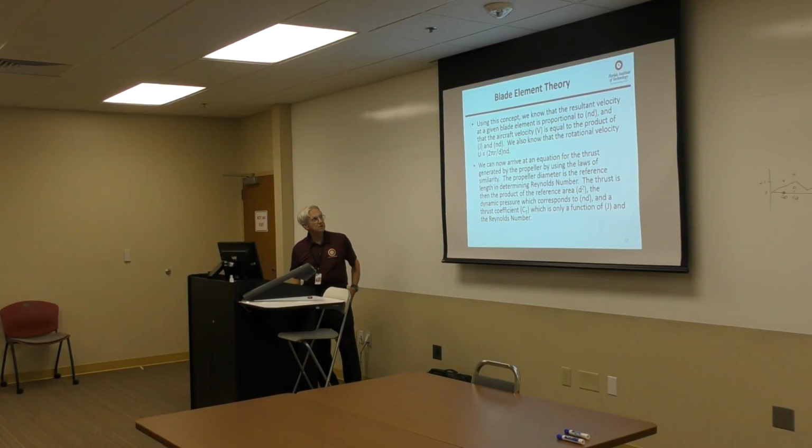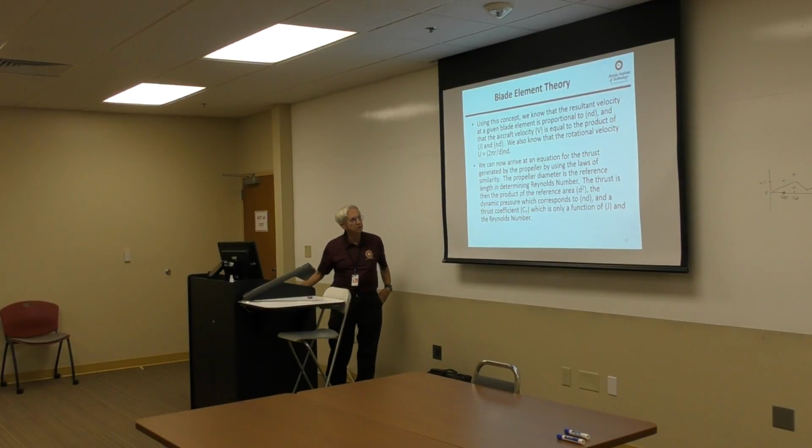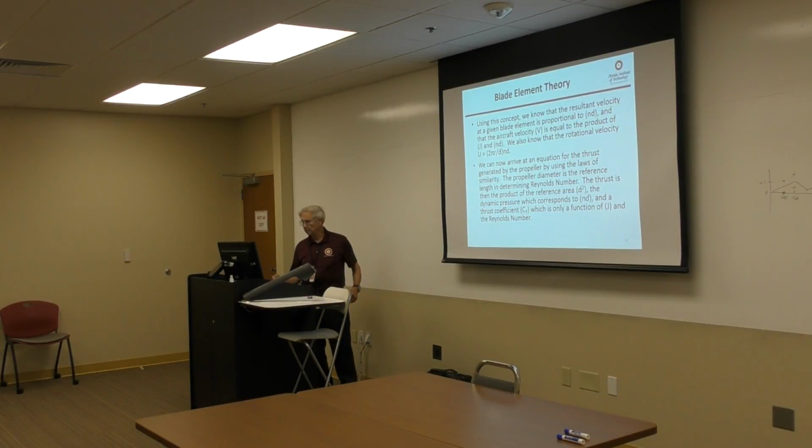Well, if we use this concept, we know that the resultant velocity of a given blade element is proportional to the revolutions per second times the diameter, and that the aircraft velocity is equal to the product of advance ratio and the revolutions per second times the diameter.